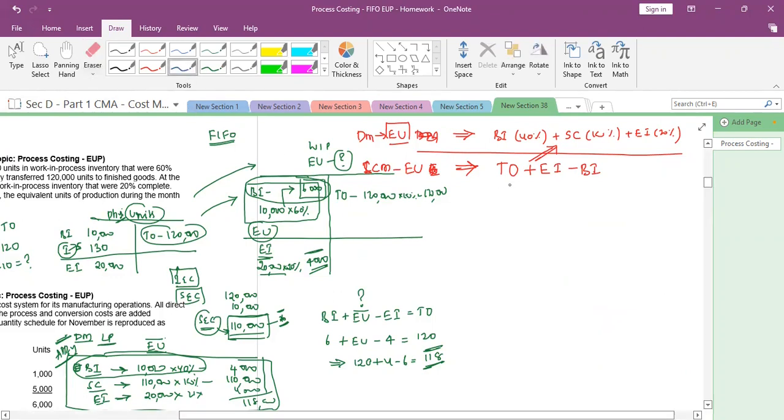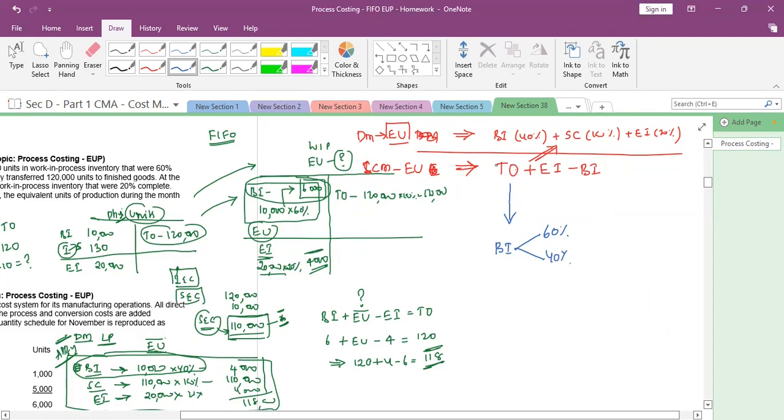Now you tell me, this transferred out is nothing but what? Transferred out means the completed units. That means it includes beginning inventory 60% as well as the 40%.